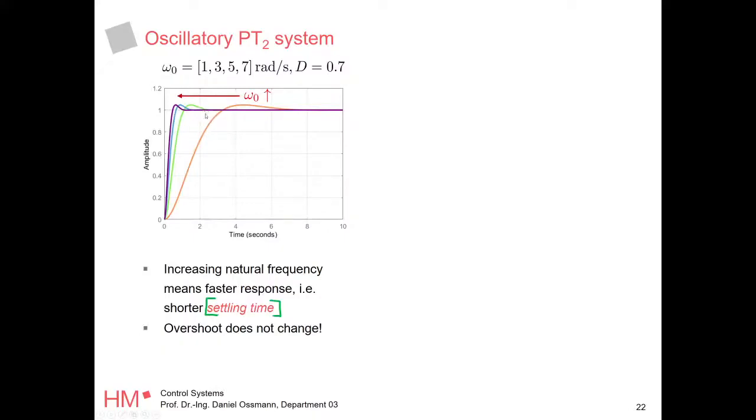The overshoot is quite interesting, especially for flight mechanics. It means how much do we overshoot our final value at the beginning? How much overshoot does a PT1 system have? 0. It cannot oscillate, it cannot overshoot our final response.